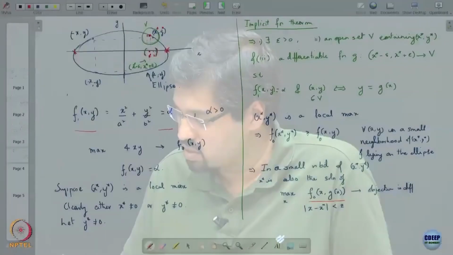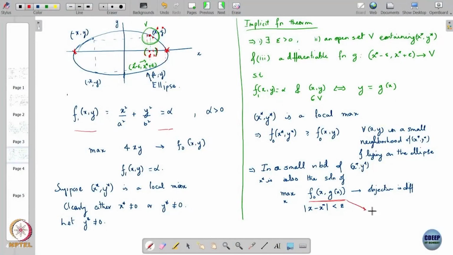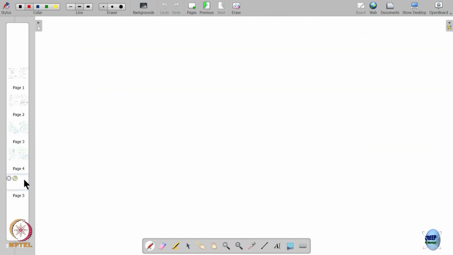Okay. So, now we can simply apply what we know from our previous lecture, which is that the derivative of this new function should be equal to 0 at x star, right? And that's just an application of the chain rule of differentiation.